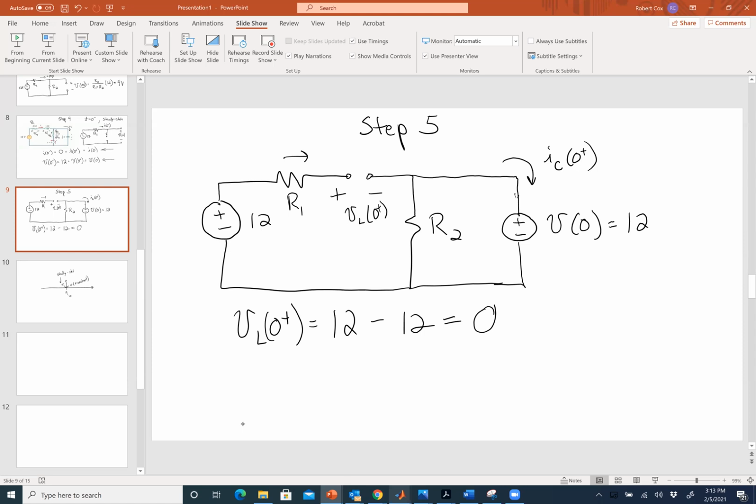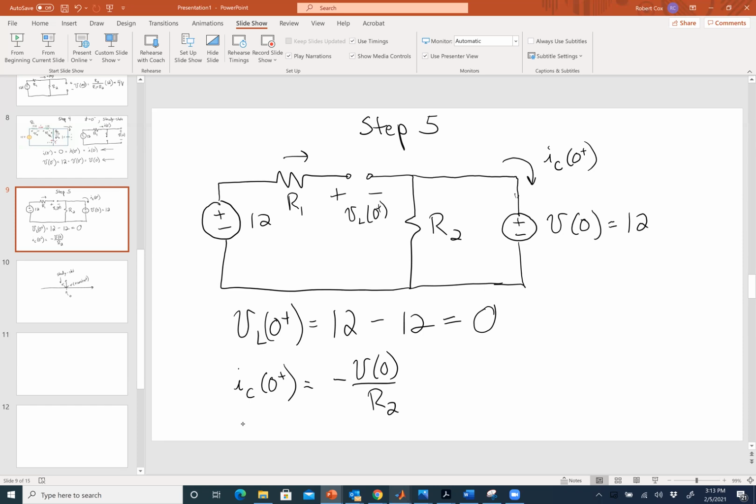Okay. Now, the current in the capacitor, on the other hand, what's that going to be? The VC divided by R2, with the negative sign. Negative V of 0 divided by R2. Why a negative sign?